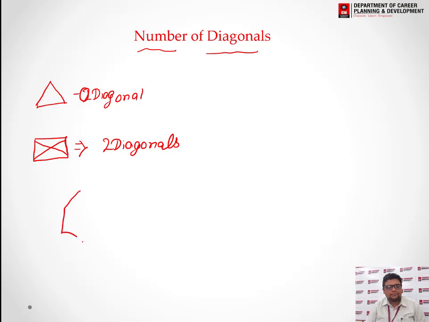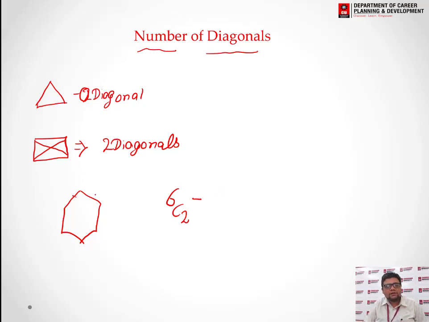If I take this hexagon, there are total 6 points. If I make lines out of these 6 points, there are 6C2 of them. Now I always have to subtract the total number of sides.